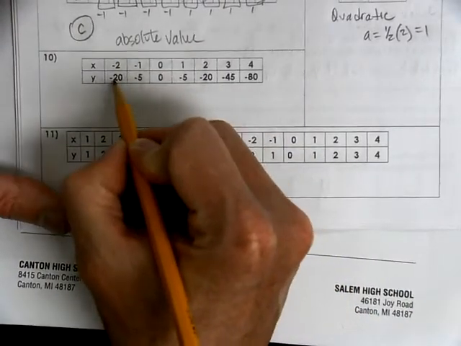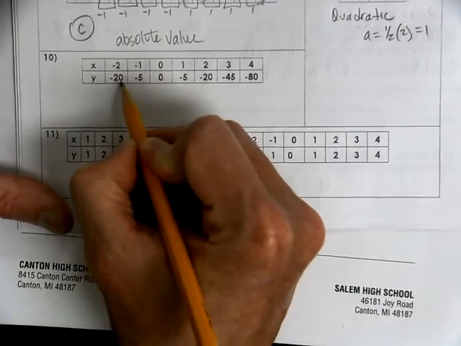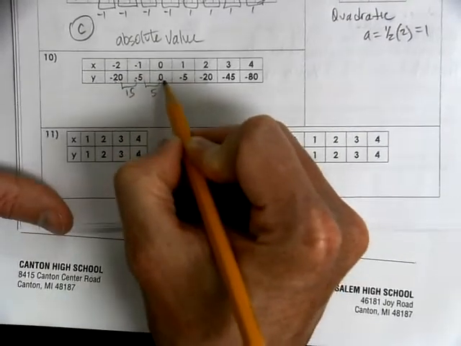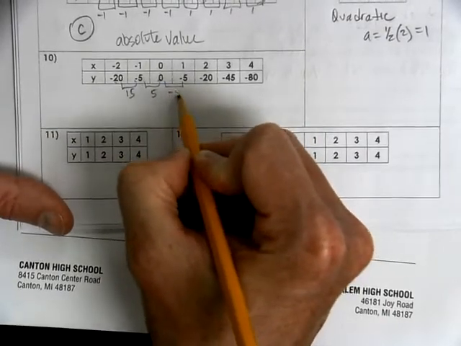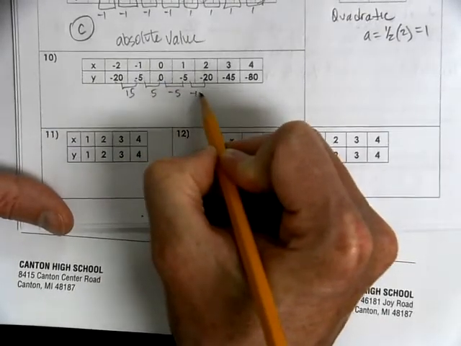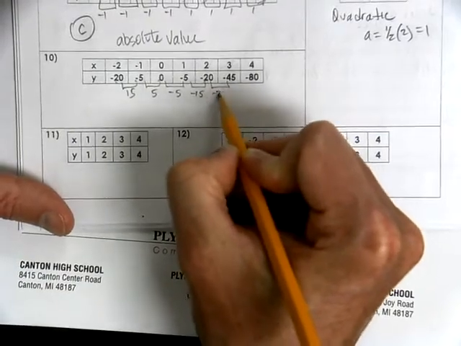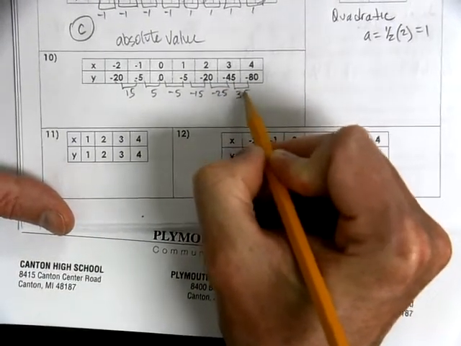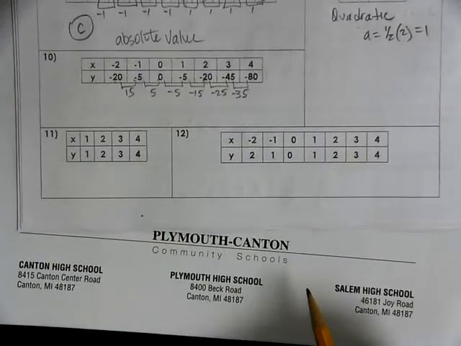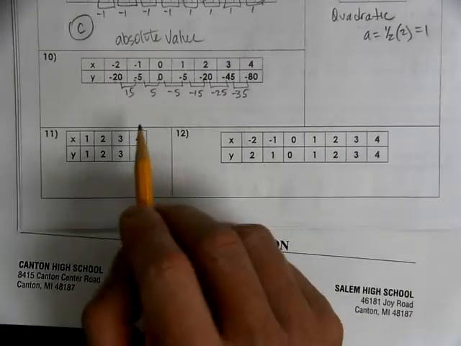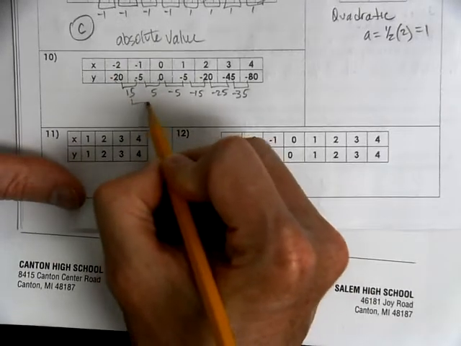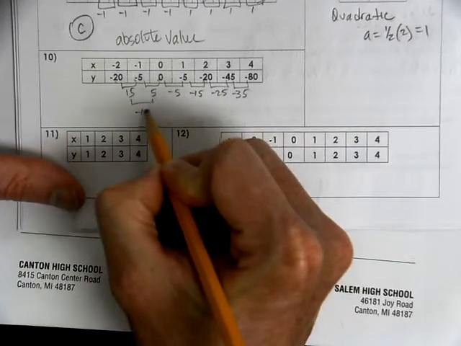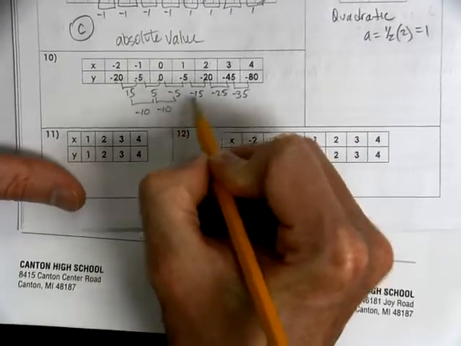So this is getting larger. From negative 20 to here is a distance of 15 positive, a distance of 5 positive, a distance of 5 negative, distance 15, 25, 35. All right, so now we look here and we see that the distance is going down by 10, down by 10.